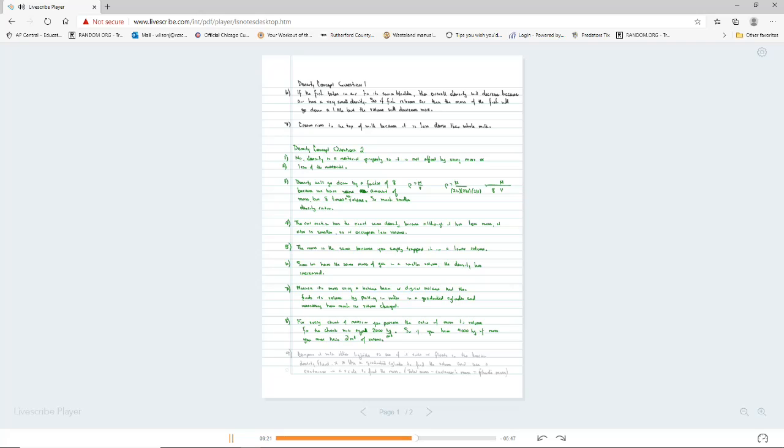Because in this case you can take the empty container's mass, so the total mass minus the container's mass is equal to the fluid's mass. And then of course you can just calculate it.